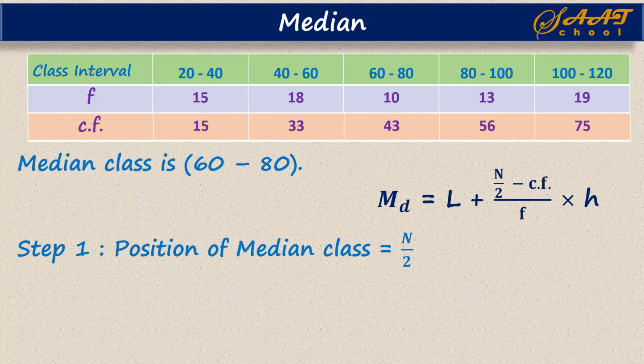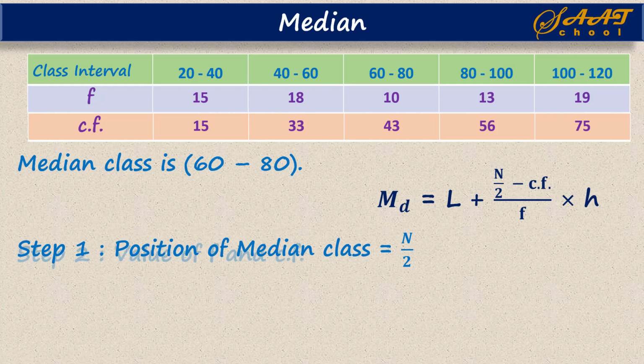If you sum f, that is the sum of 15, 18, 10, 13, and 19, that sum should be 75. So this is the value of n. The first step is to find the position of the median class with the help of n by 2.